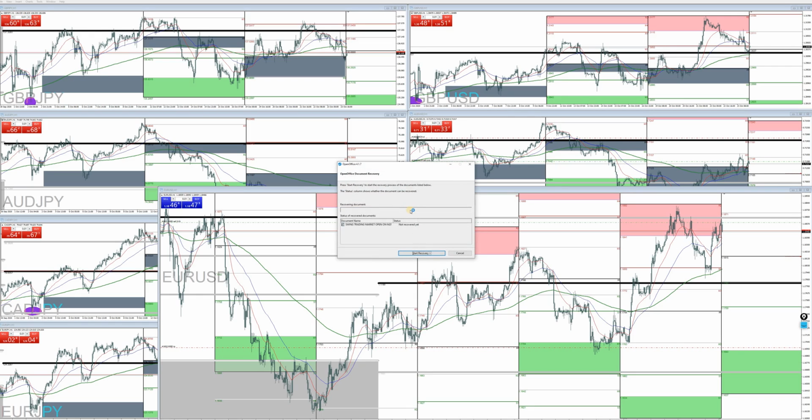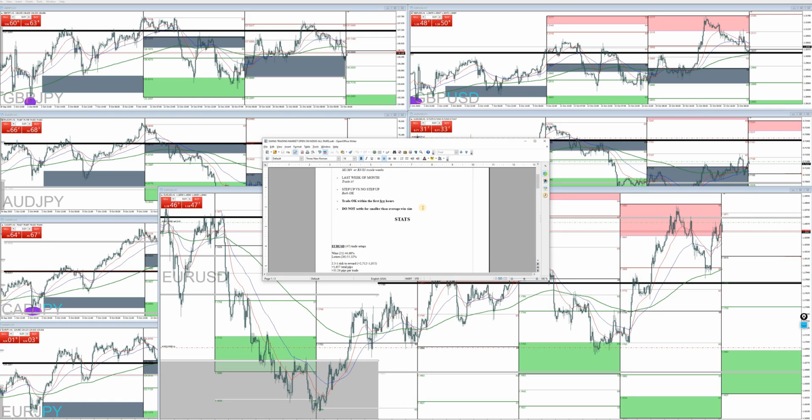Let's go and pull this open here. All right, so Euro USD, my average win. I don't even have it in here, that's the thing I need to do. Pause.